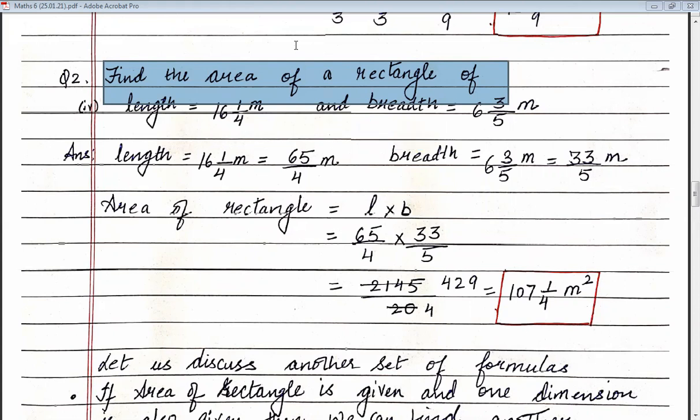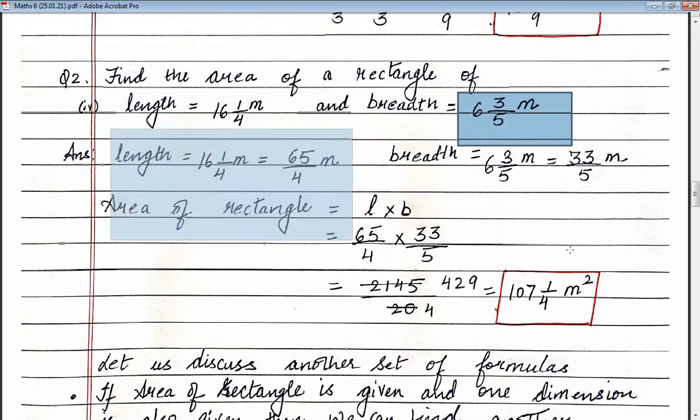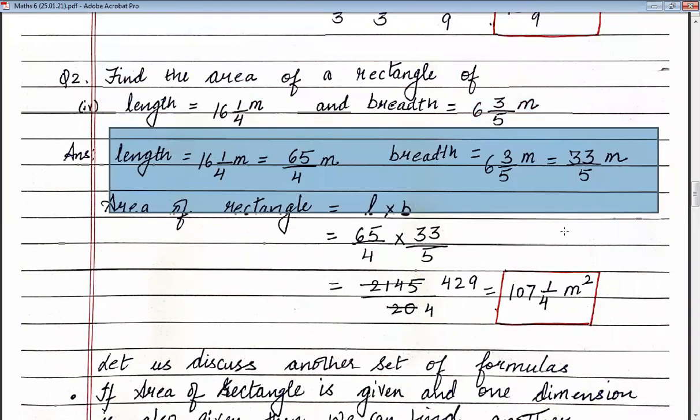Now, children, in this, length is given to you 16 1 upon 4 meter, and breadth is given 6 3 upon 5 meter. So, length is given and breadth is given, but they are given in mixed fraction. So, let us convert our length and breadth into improper fraction.